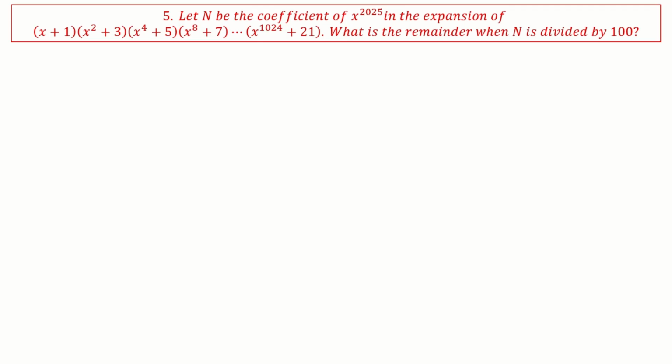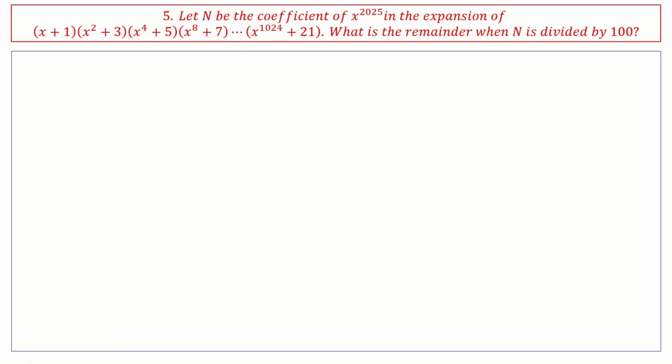Okay, so if you see here, the x to the power values are binary numbers: 2 to the power of 0, 2 to the power of 1, 2 to the power of 2, 2 to the power of 3, up to 2 to the power of 10. Which means there is a pattern actually.